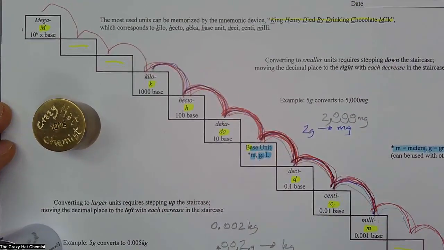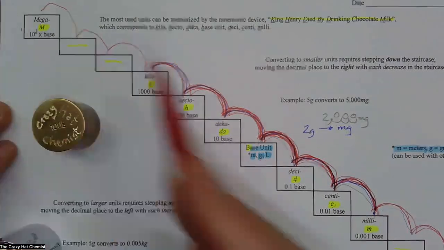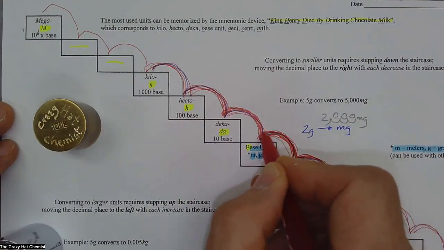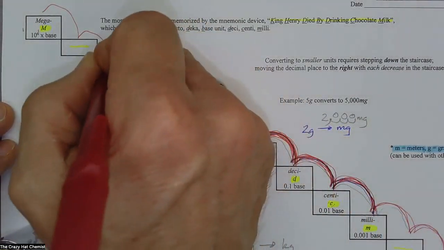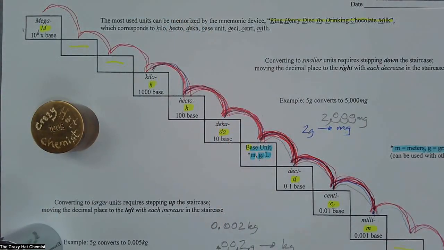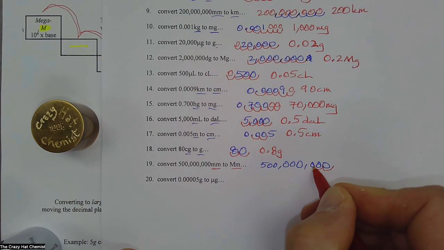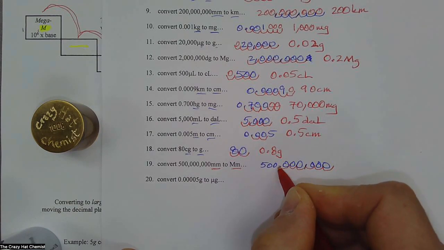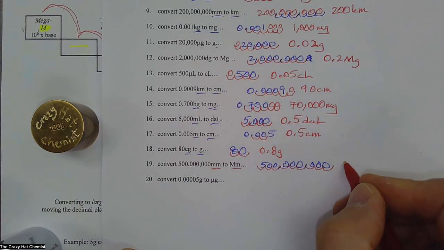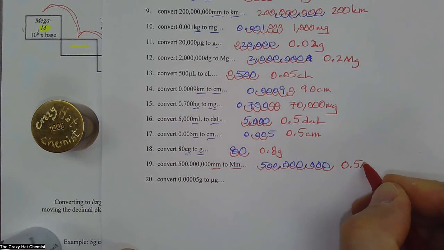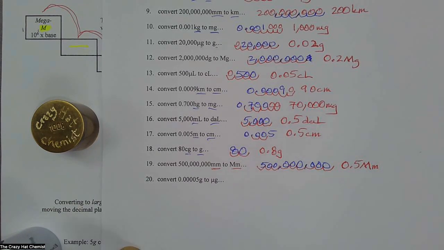There's milli to mega. So we're going to go 1, 2, 3, 4, 5, 6, 7, 8, 9 to the left. My goodness, 9 to the left. So 0.5 megameters. Oh, my goodness. That's a lot of subscribers.